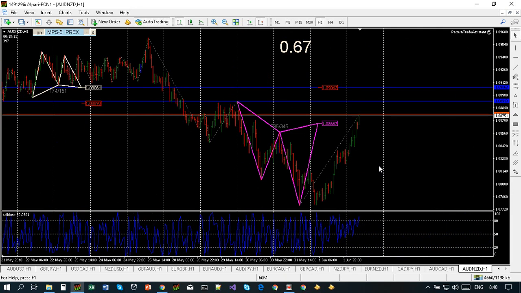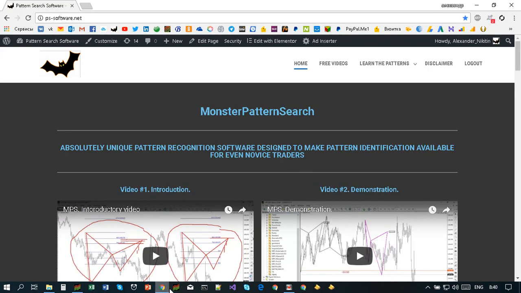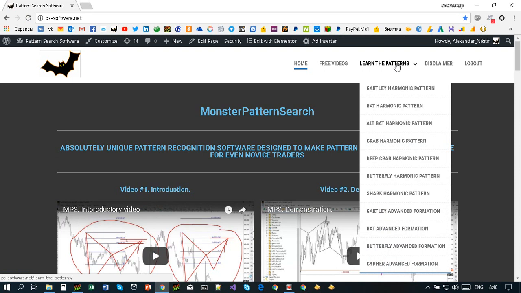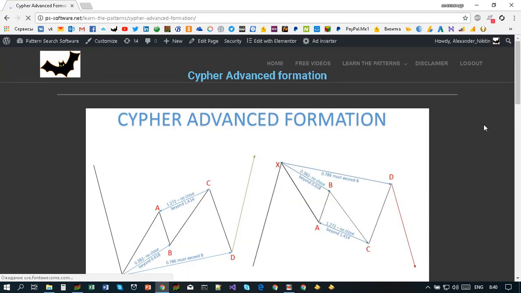Very cool stuff. Okay, if you are not interested in the software and you still advocate manual, discretionary identification based on your eyes, you can simply use my website as a reference for these patterns. They are the conventional, traditional ones.